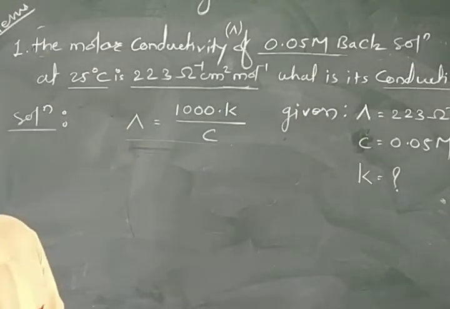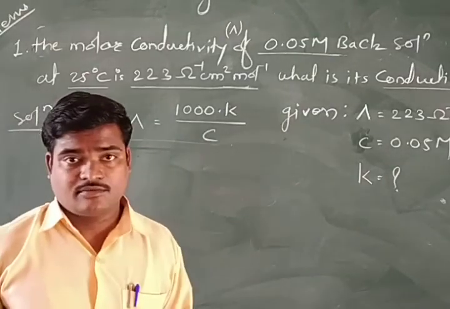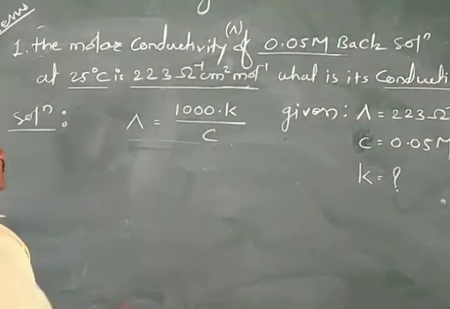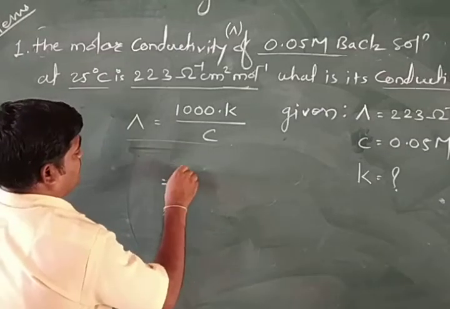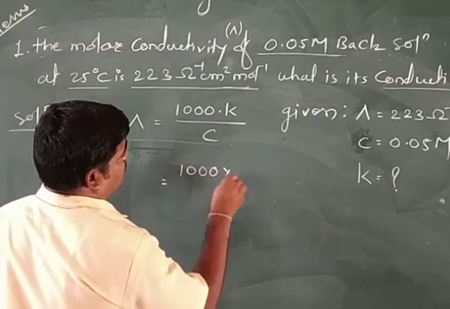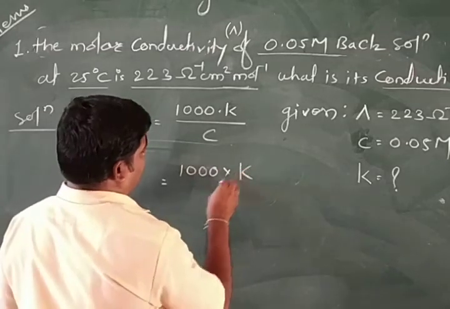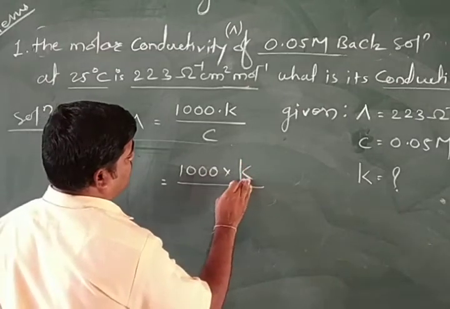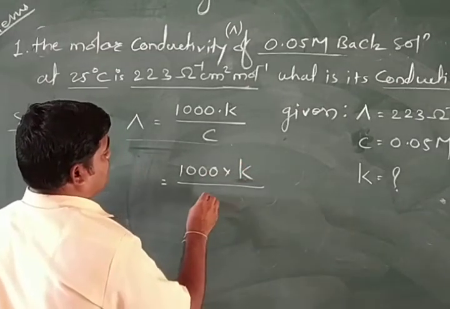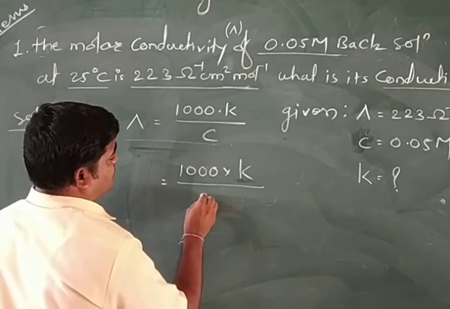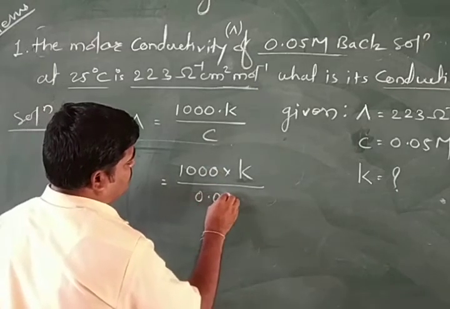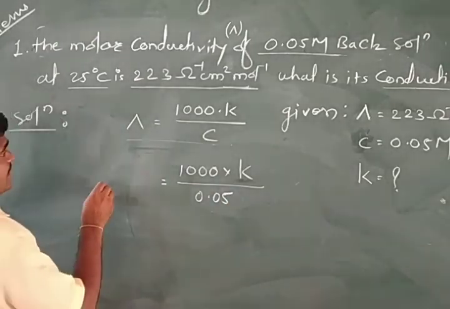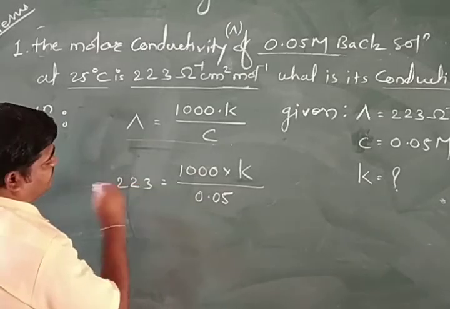Now students, all these quantities we are going to substitute in the above equation, so you will get the proper answer. Take 1000 as it is into K. K, which we are going to calculate, is the conductivity. C is given as 0.05 molar concentration, and lambda is 223.